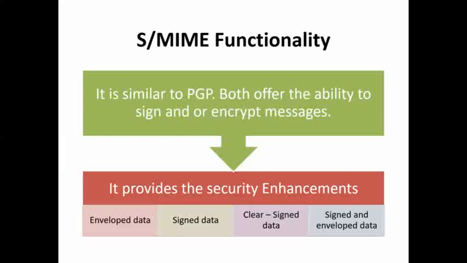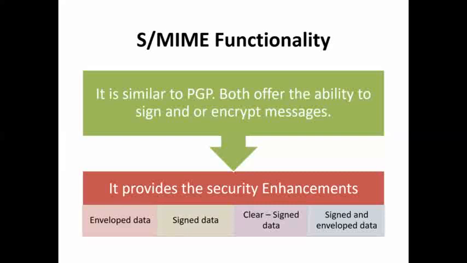So enveloped data contains encrypted content and associated keys. First we use an encryption algorithm to encrypt the data, and the key used for that encryption algorithm is also associated with it. So this is enveloped data.